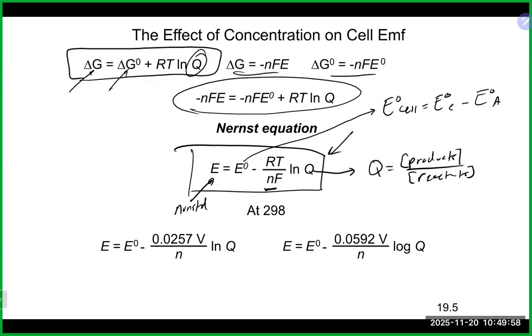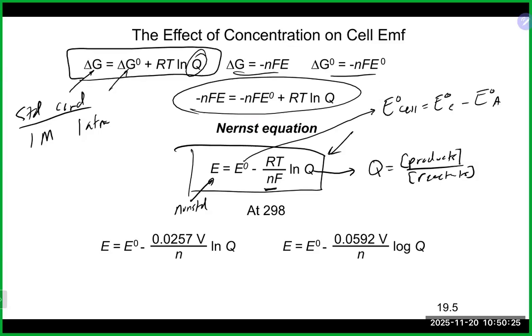So remember, standard conditions means that if you're dealing with any type of concentration, everybody is 1 molar. If you're dealing with any type of pressure, everybody is 1 atmosphere. So again, if you come across a situation where maybe you don't have 1 atmosphere or 1 molar for all the reactants and products, that should put you here to our Nernst equation.